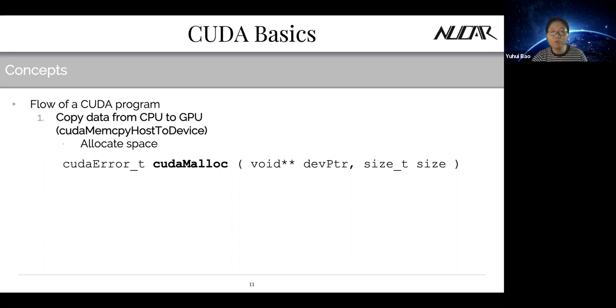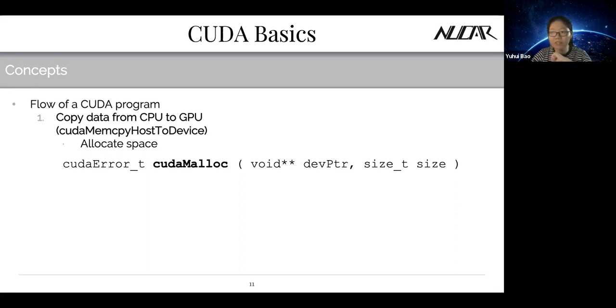Before you copy the data from CPU to GPU, there's one thing you have to do, which is to allocate the space on the GPU. CUDA provides this API, cudaMalloc, to do this memory allocation.